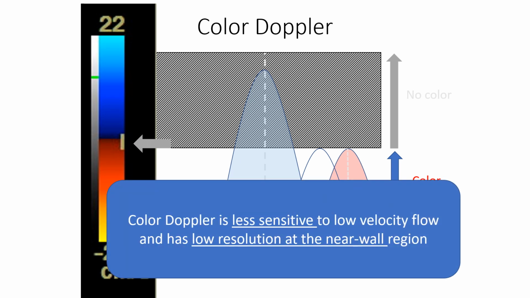The wall filter, depicted as a box on the color scale, uses a different technological solution than the spectral Doppler. This solution makes color Doppler less sensitive to low velocity and poor resolution near the vessel wall.